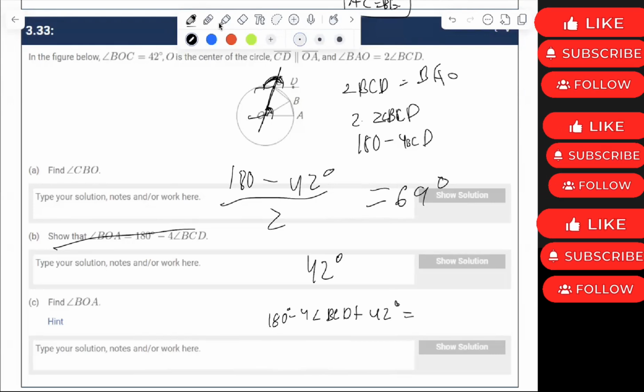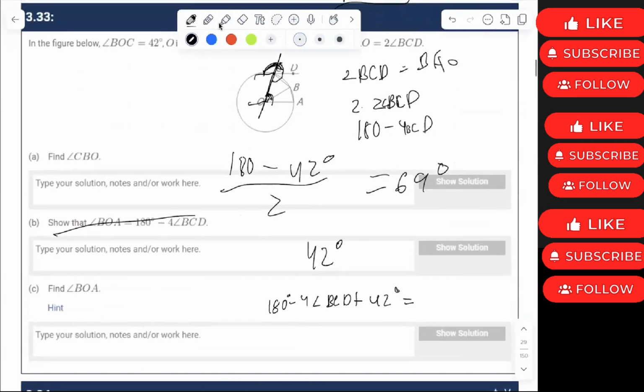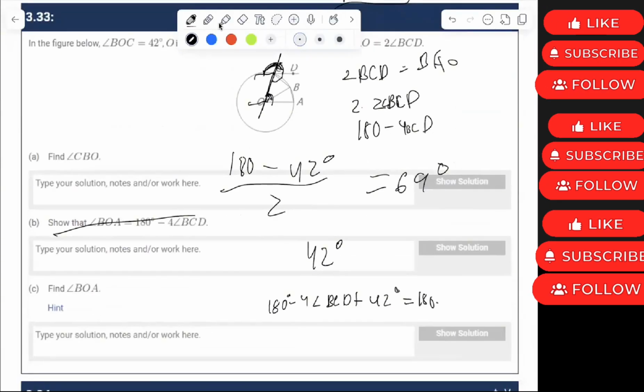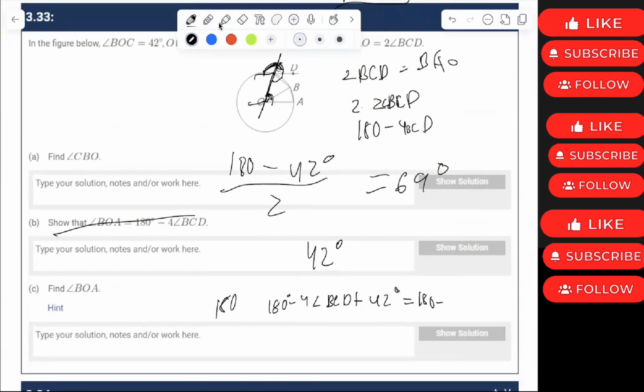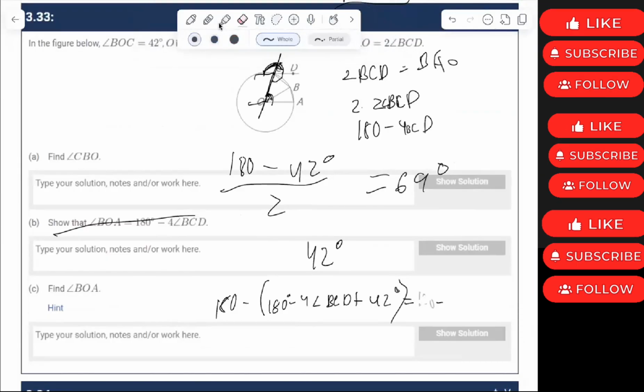We also want to find this angle. This is going to be 180 minus that, so 180 minus this entire thing.